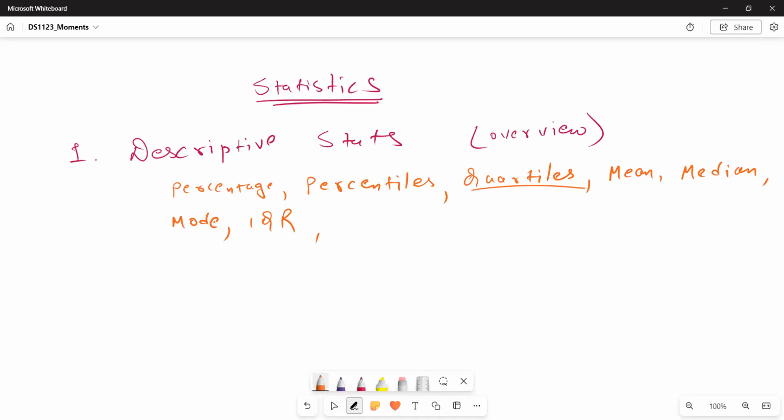Then we have the normalization part, which is technically termed as the z-score, right? Moving ahead, we have variance, standard deviation, right? Moving on, we have skewness, kurtosis, etc.